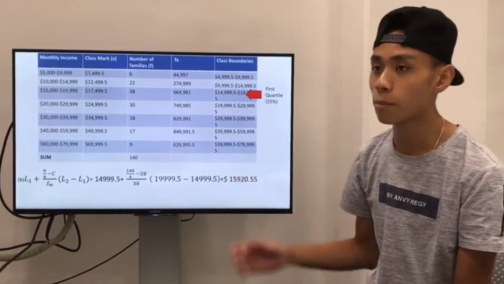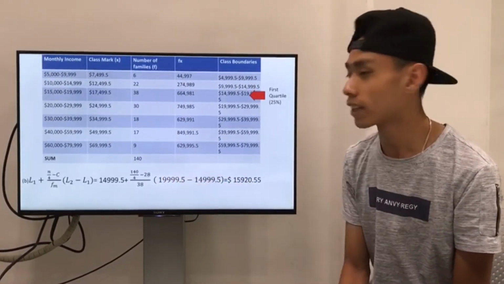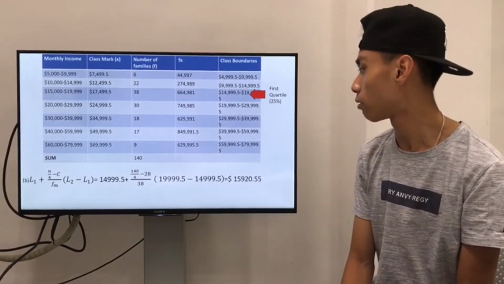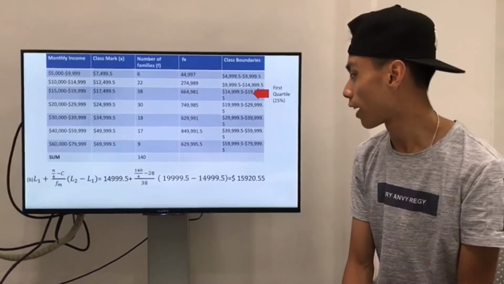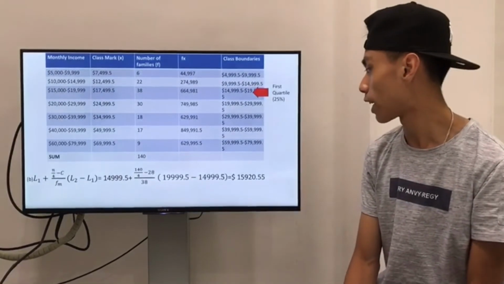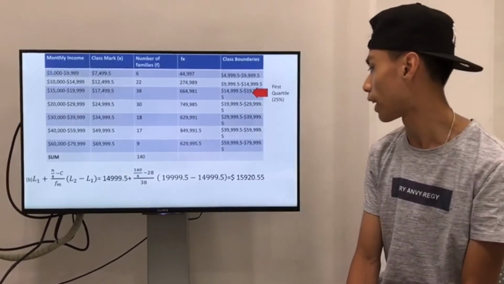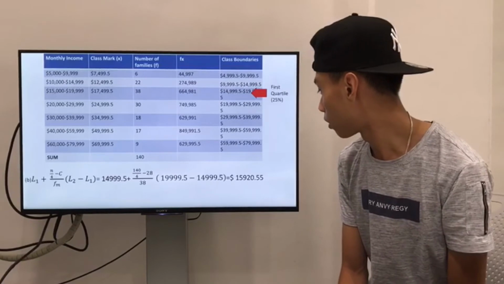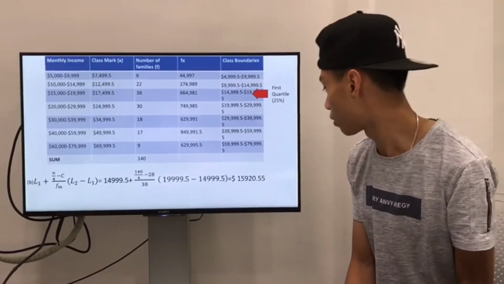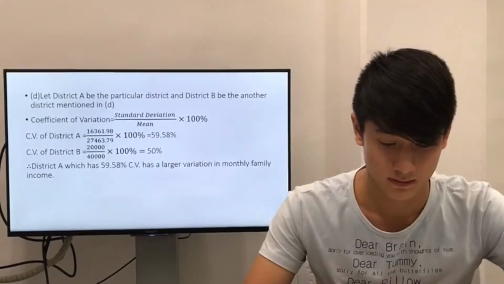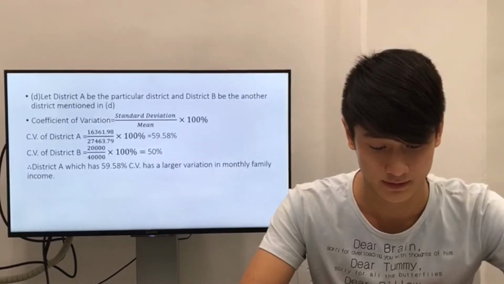Substituting the numbers, we get 14999.5 plus (140 over 4 minus 28) over 38 times (19999.5 minus 14999.5). And we get the final answer, which is $15,960.55.